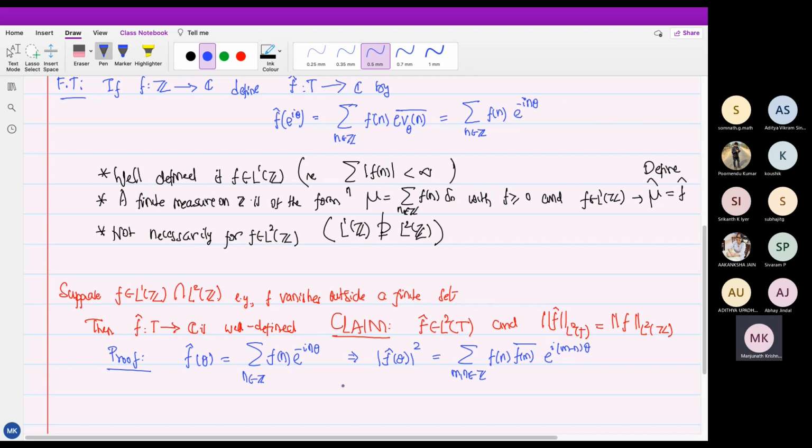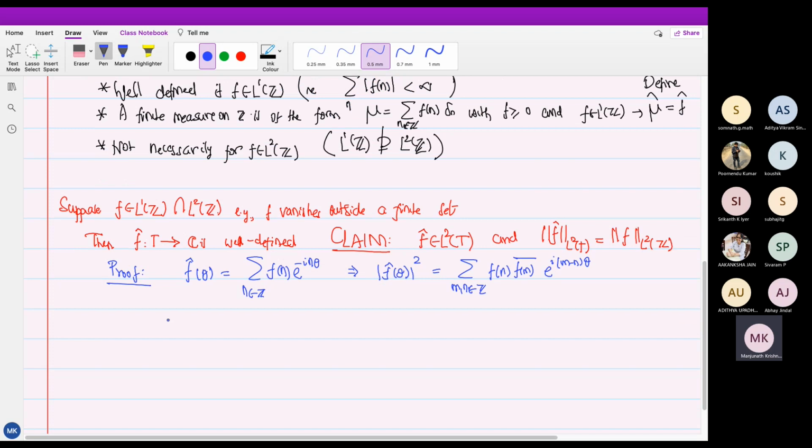Okay, so now you integrate. First let's not worry about it, let's justify everything at the end. Let's just integrate and freely interchange the sum and integral.